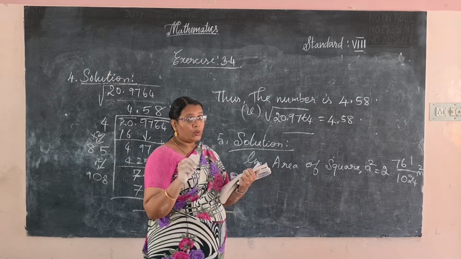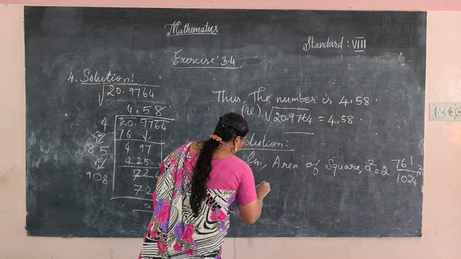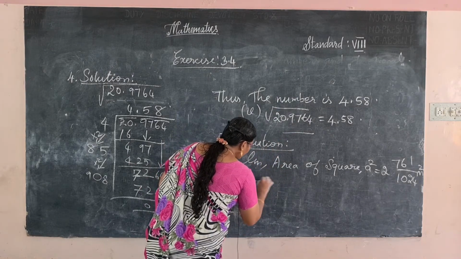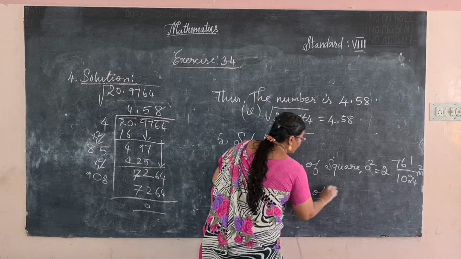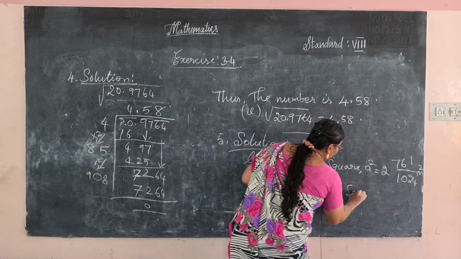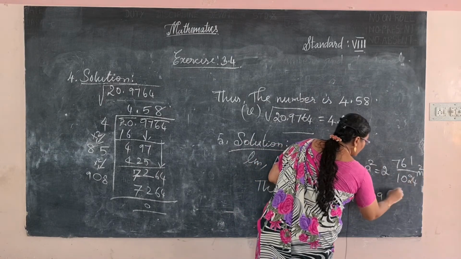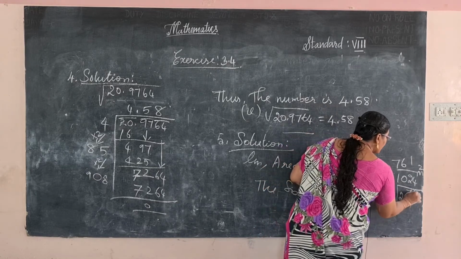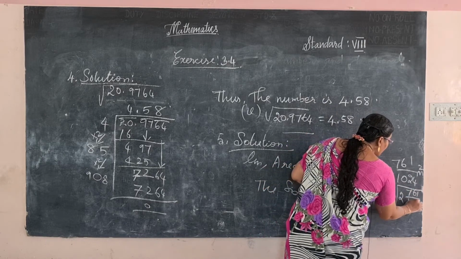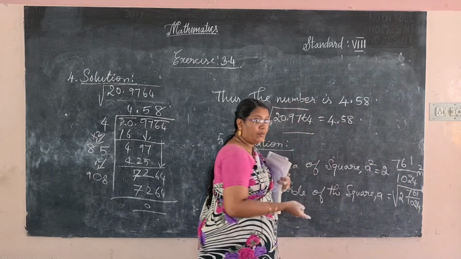You have to find the side, so you have to take the square root. The side of the square: A equals side squared, so moving the square to that side, take the square root of 2761/1024. The mixed fraction is given, so change it to an improper fraction.